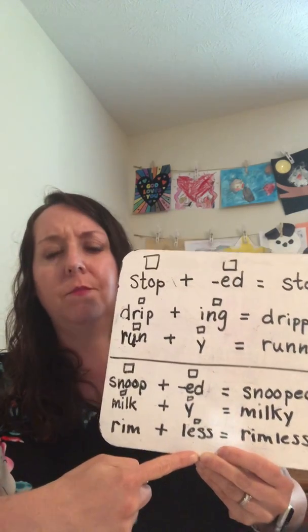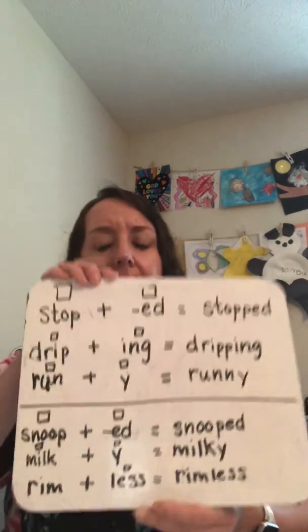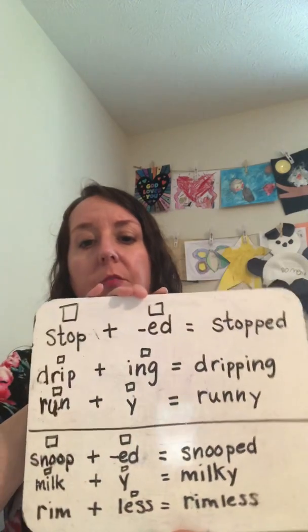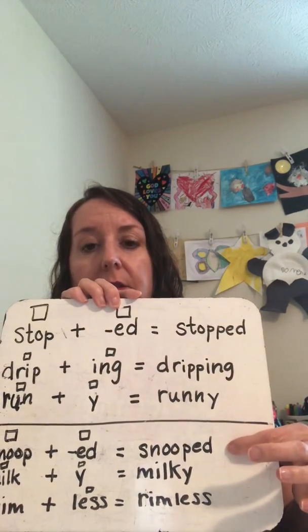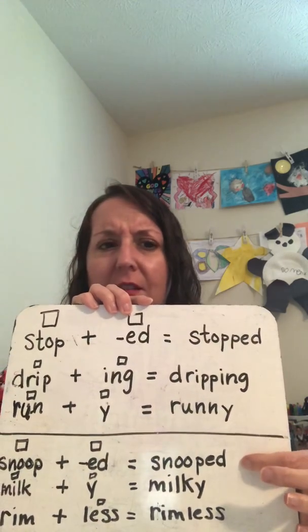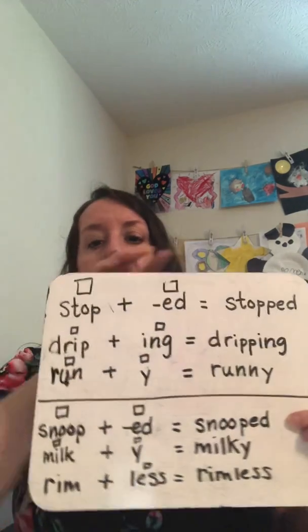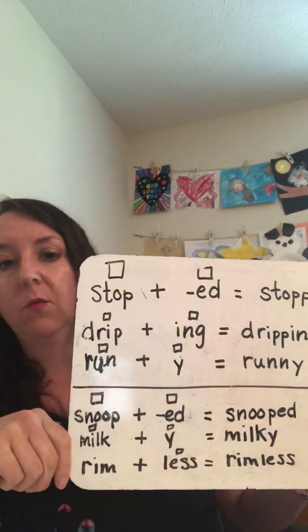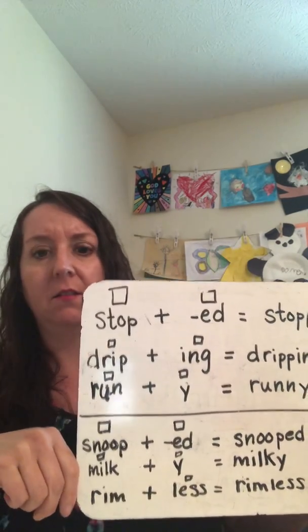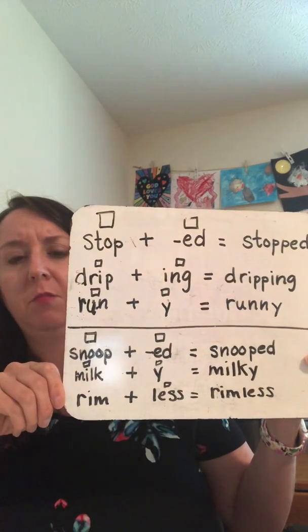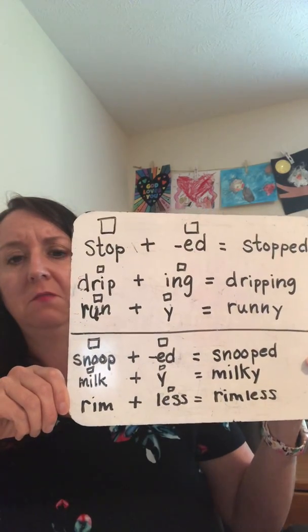Now, take a look. When we added snoop plus ed, we got the word snooped. Did I double anything though? Same with milk. When I added y to it this time, I didn't double anything. And at the bottom, rim plus less equals rimless.